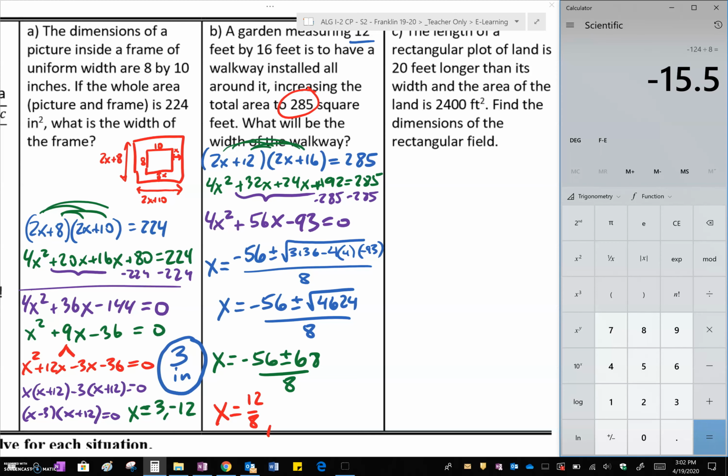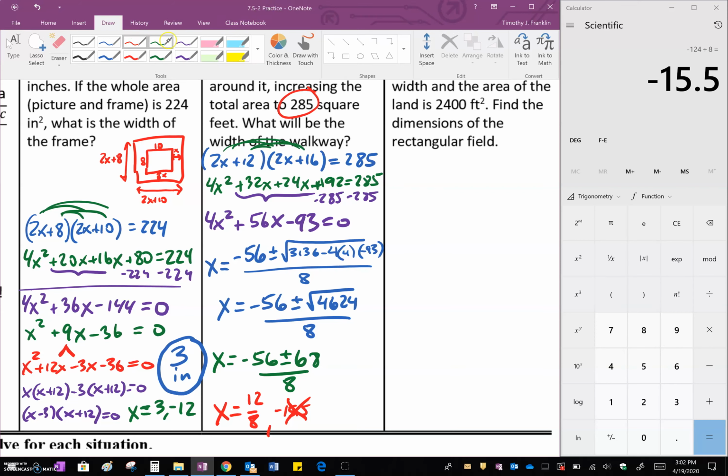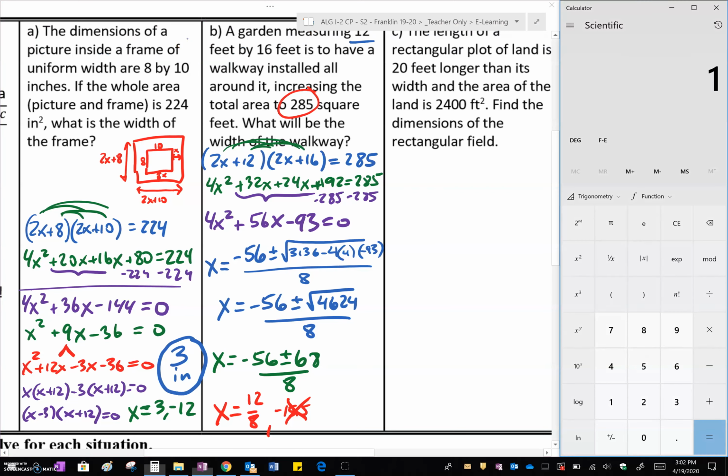The negative answer doesn't work, right? Because we can't have a negative width. So our answer is 12 over 8, and because we're getting an actual width, it is more useful to get a decimal here: 1.5. So x equals 1.5 feet.